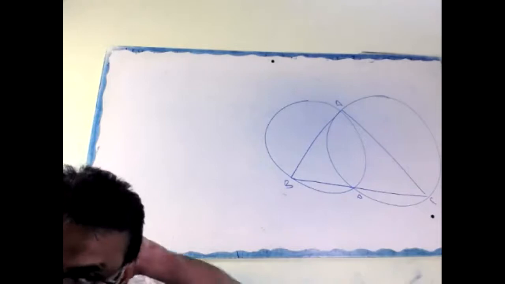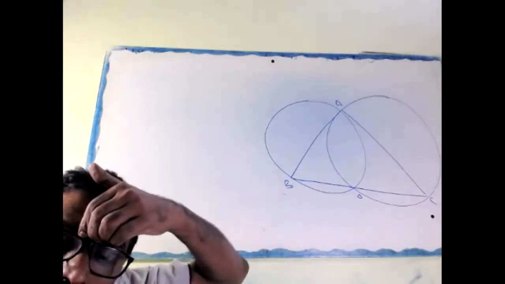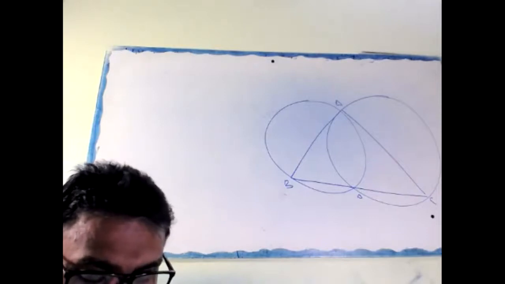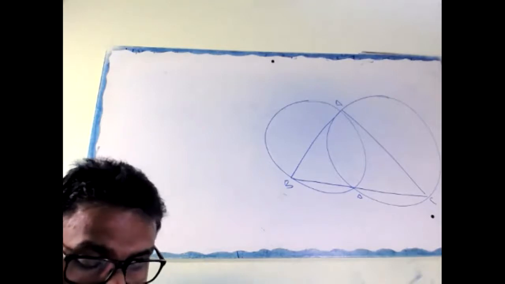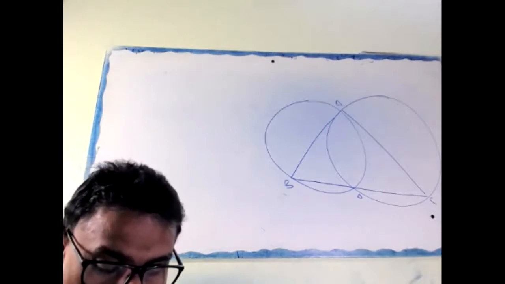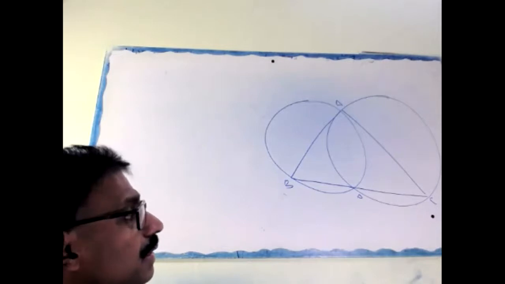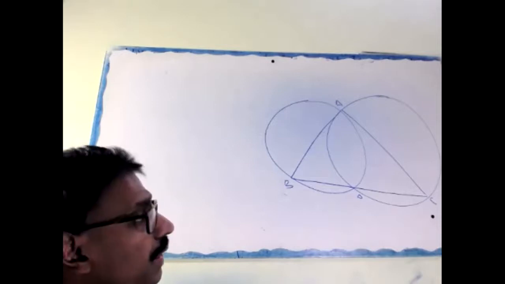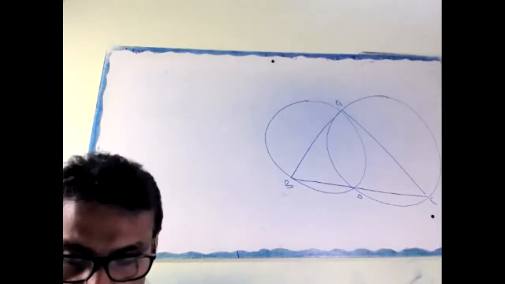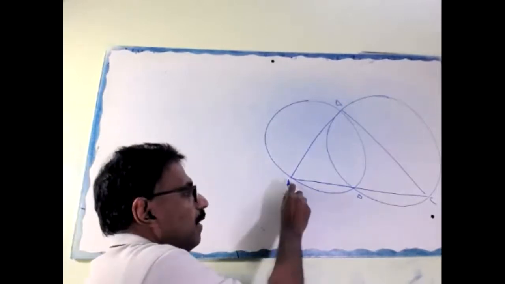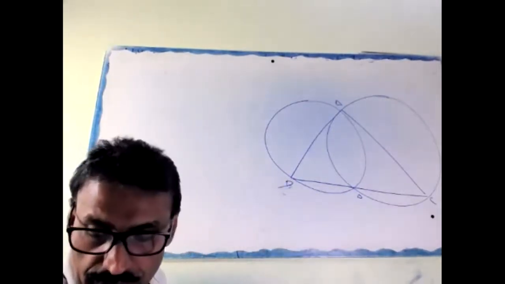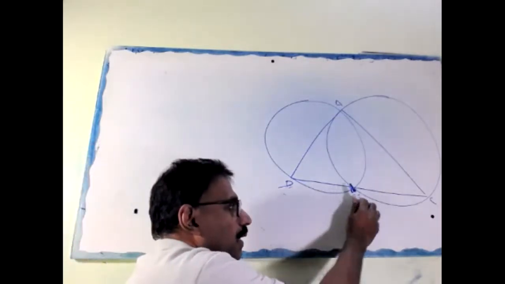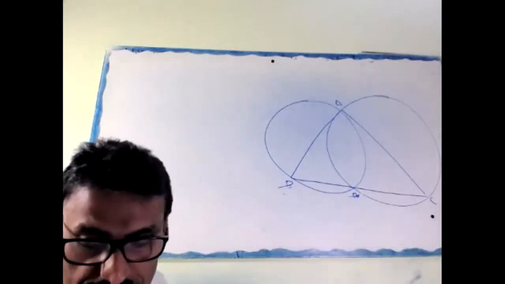Okay. So right here, two circles. Question: two circles intersect at 2 points, A and B. AD and AC are diameters of the two circles.